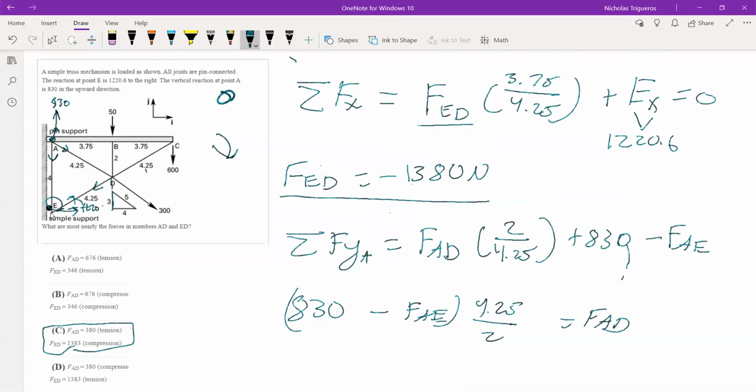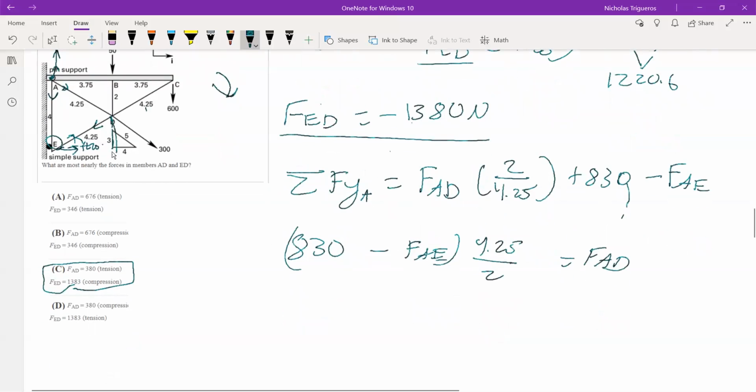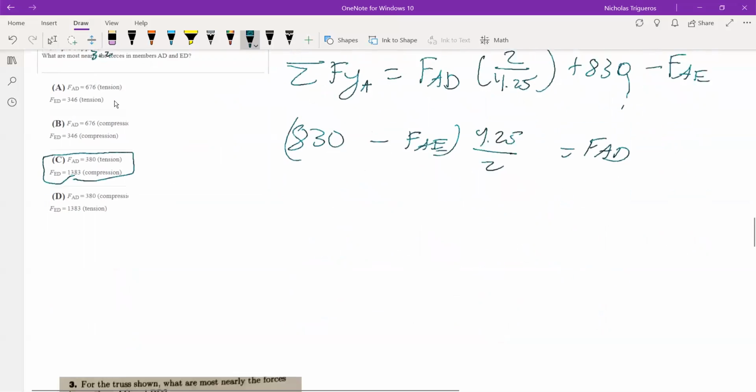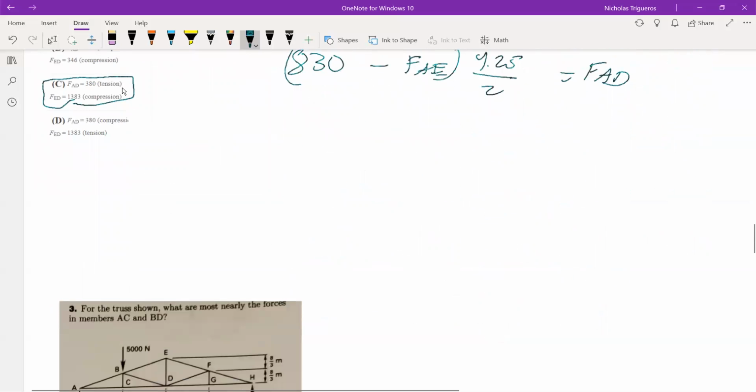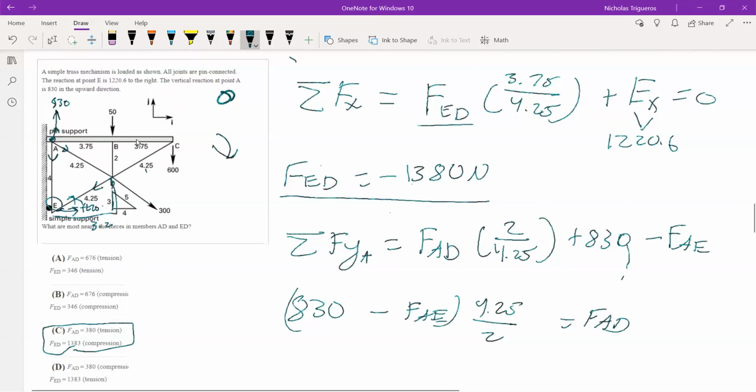1383 times the height of that? The height of this section here, we can just do the triangle again. What was this? 3.75.